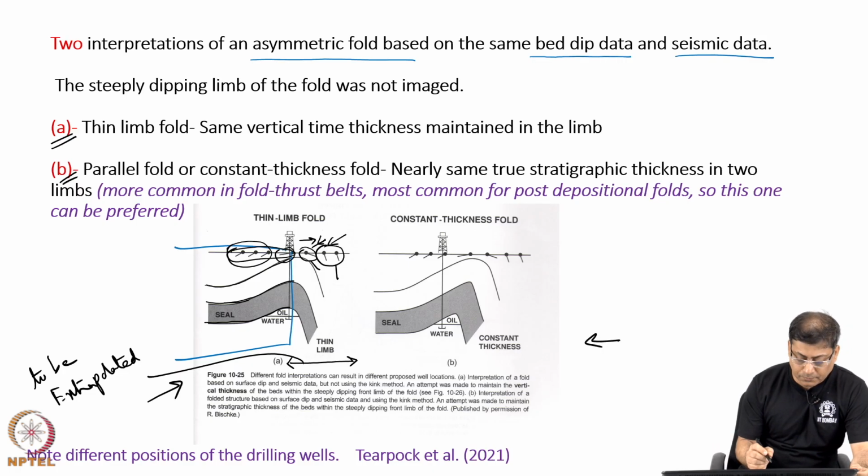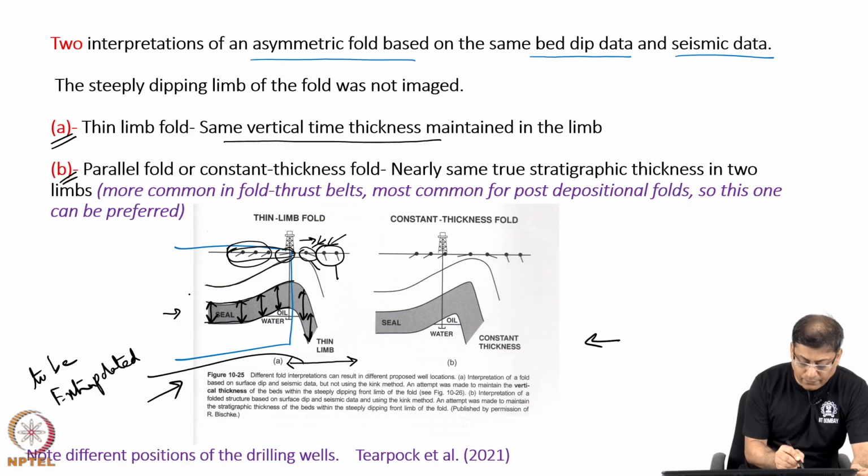Consider we want to maintain the same vertical time thickness. That means this thickness has to be maintained as much as possible constant, the vertical thickness in one limb and the vertical thickness in another limb. Here it is bigger than the left limb.